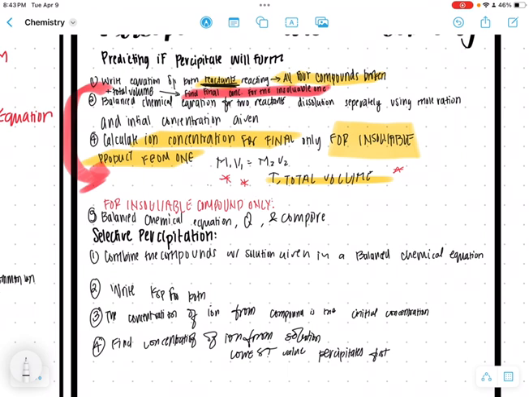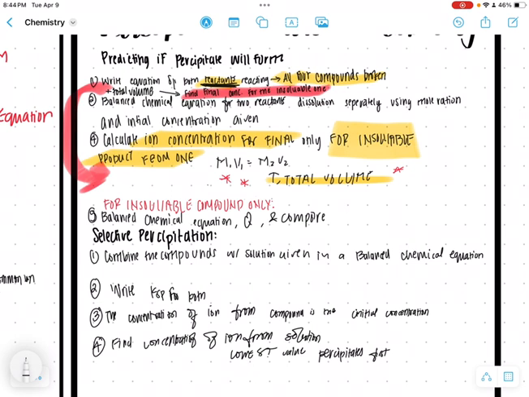Then you would write the balanced chemical equation for the 2 reactants separately using mole ratios and initial concentrations given. Then you would calculate the final ion concentration only for the insoluble product formed. Here you would use M1, V1, M2, V2, using the total volume that you calculated before.